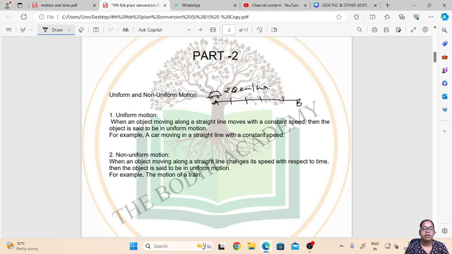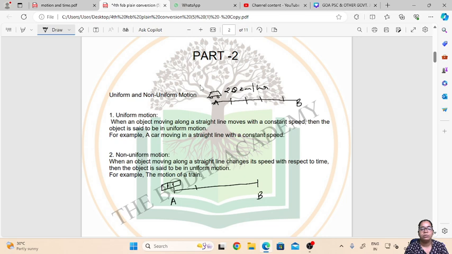I consider again a point A and a point B. A train, to cover this distance from point A to B, will change its speed. That is, it will not move at a constant speed.